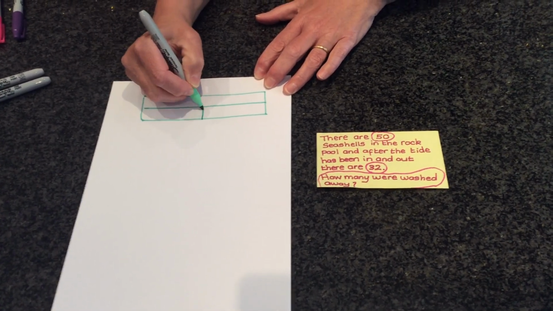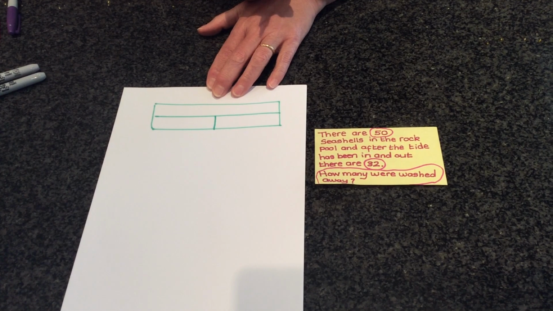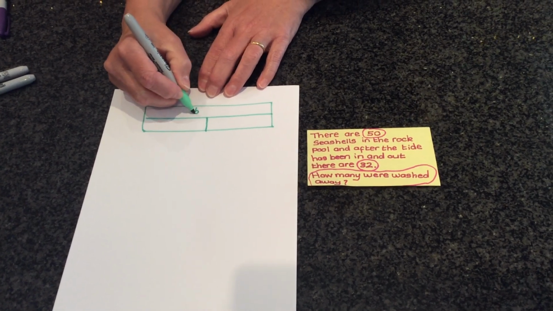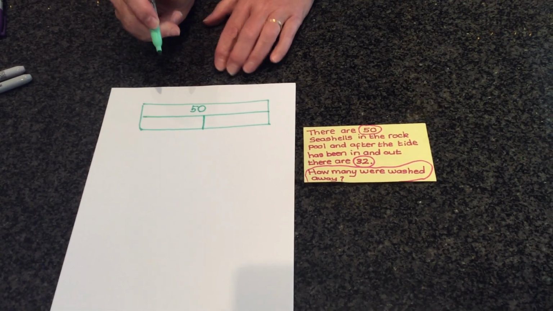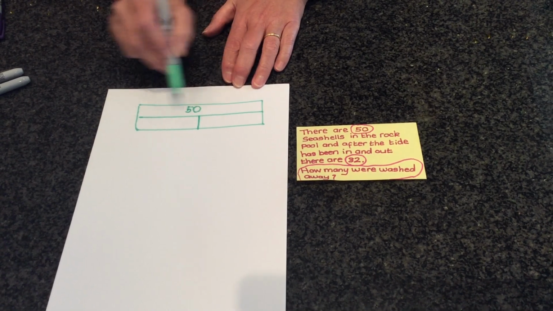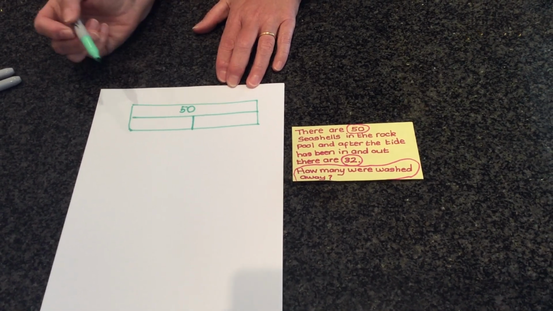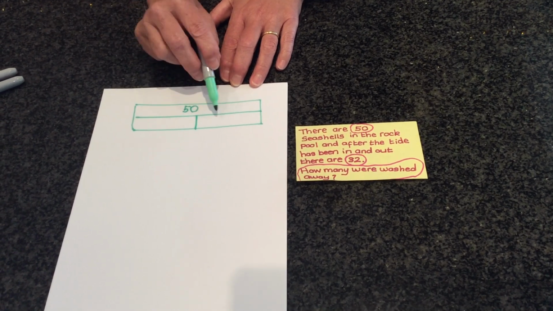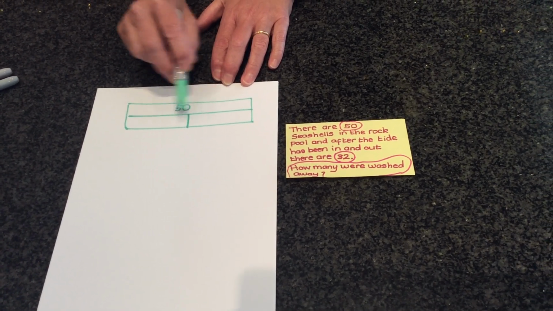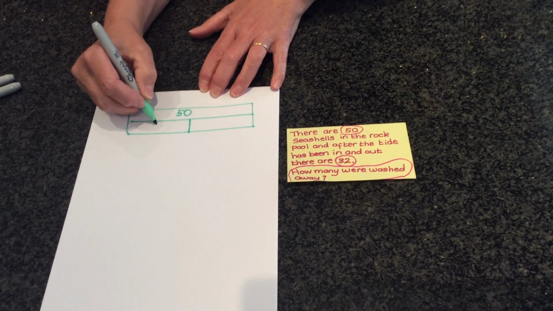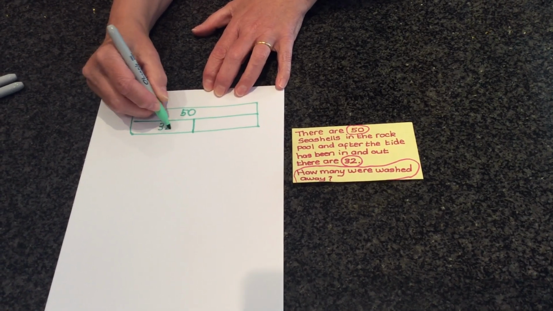Okay, there it is. Now I'm going to write the 50 in the top, because that's how many there were altogether. That was the total, really. There you go, at the top. And then I know that that 50 has been split into two. So I know that there are 32 left.